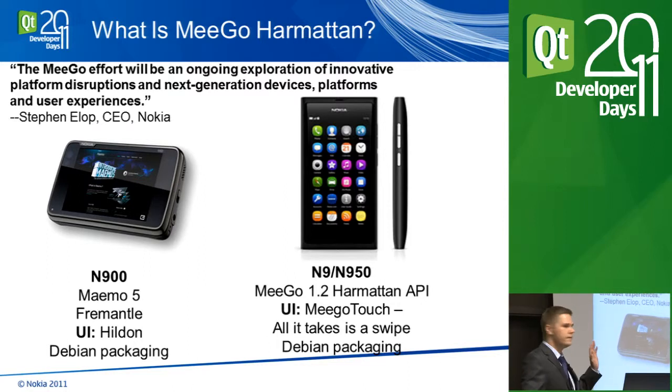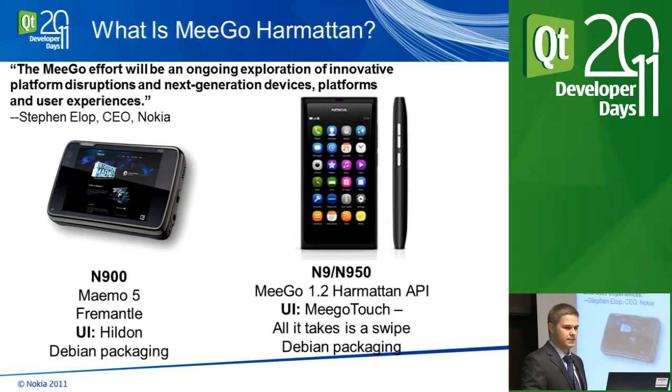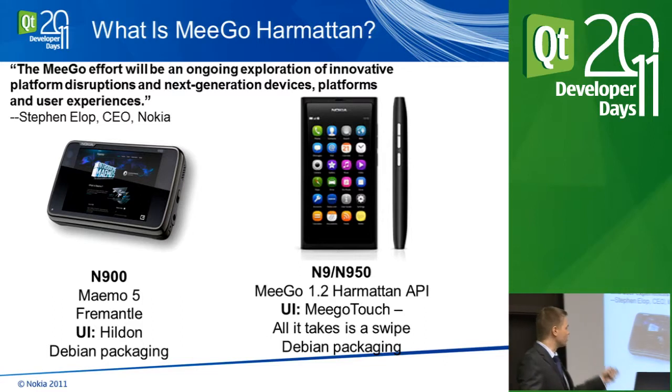Then there's the new beautiful N9 and N950 as well. Gorgeous device, and it comes with Qt installed. And also on N9 you are able to use Qt Quick components to implement your UIs.